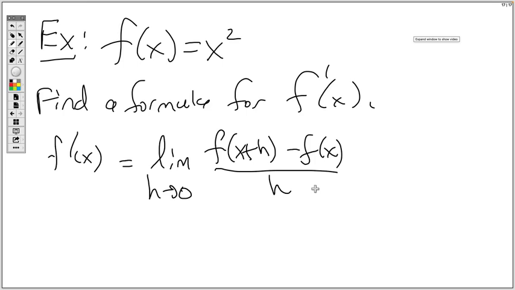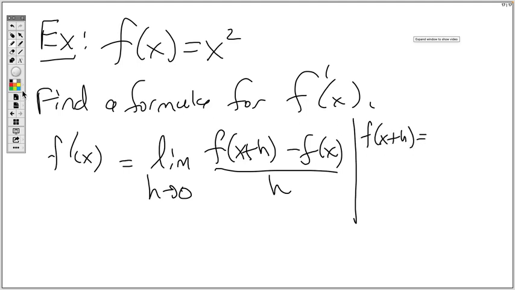Now once again, on the test, on the take-home, if I want you to use the limit definition of derivative, I will tell you, and I will tell you which limit definition to use. You follow? I mean, it'll be very explicit. I want you to use the derivative. I want you to find it this way. Okay? Now, once again, we've got to do some algebra work here. I need to know how to get the f of x plus h.